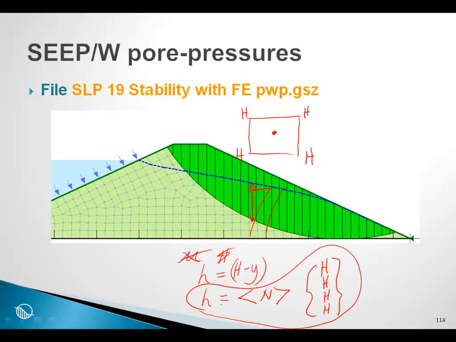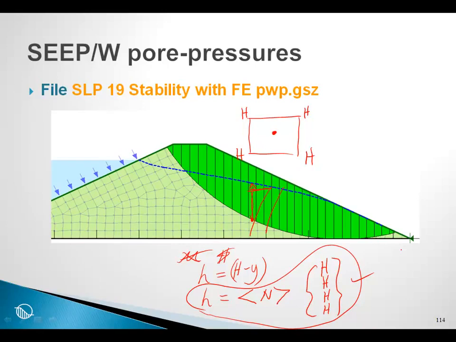You don't need to remember this equation. What you need to remember though, as I have said several times already, is that the blue line or the zero pressure contour line is not imported into SLOPE/W when you use finite element results. We use the actual pore water pressures in each one of the elements to determine the pore pressures at the base of the slices.